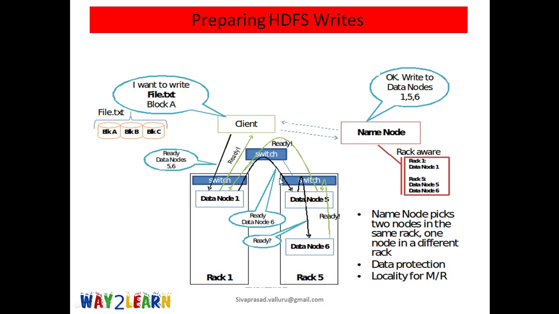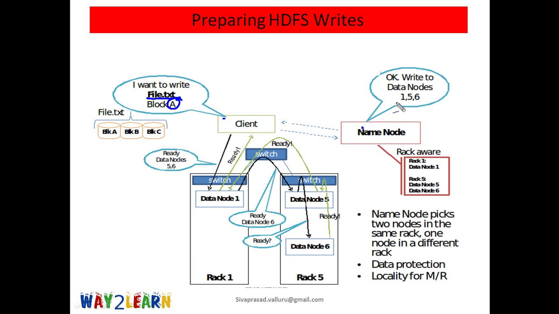Next, coming to the internals of how it actually works. See this diagram. I want to store file.txt. First, the client will contact NameNode and ask, hey, I want to write block A to the cluster. Give me the data nodes where I can write.